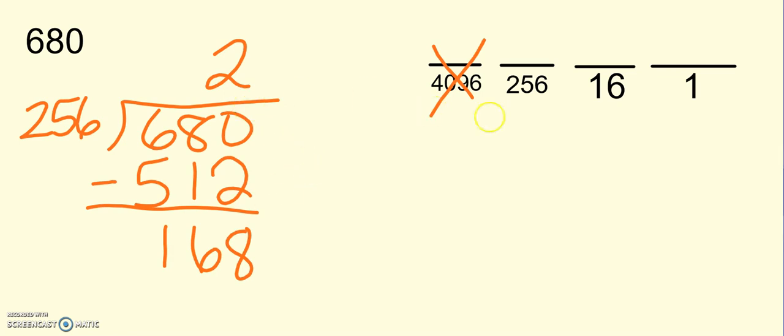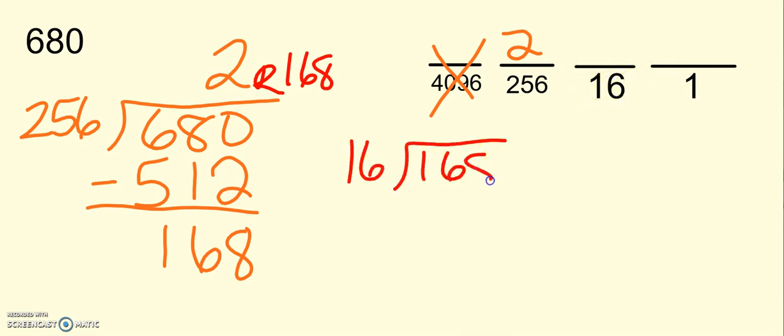Now, first I should take this 2 and put it over here in the 256 place value. So we had a remainder of 168. Now I can divide 16 into 168.